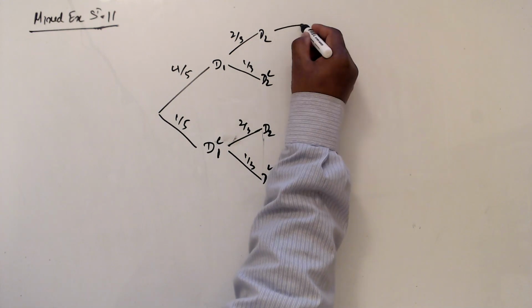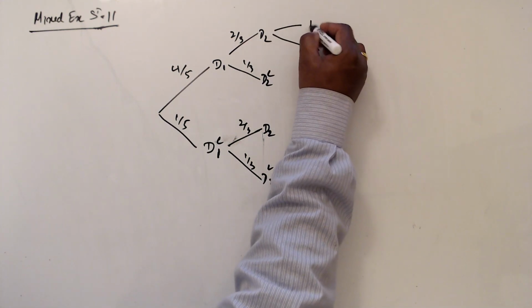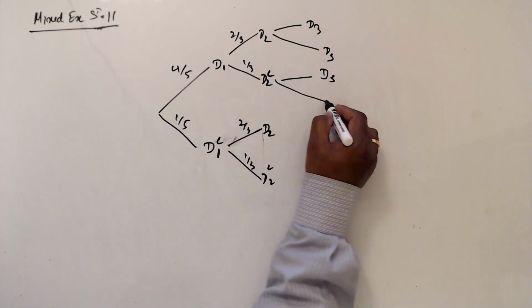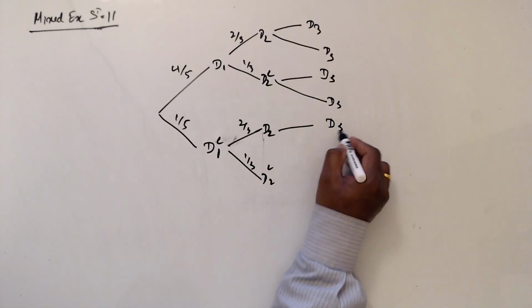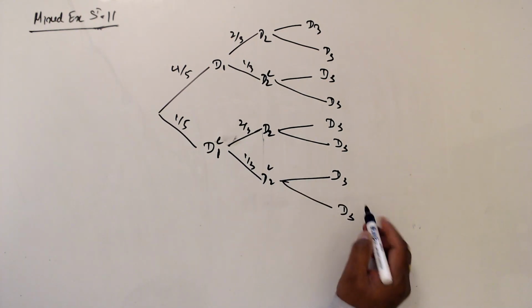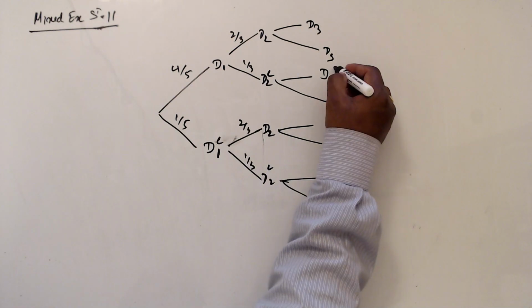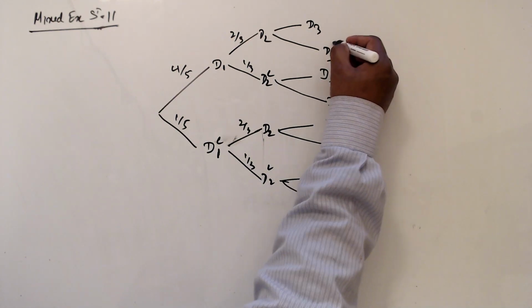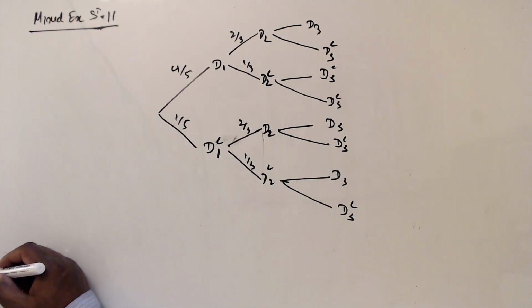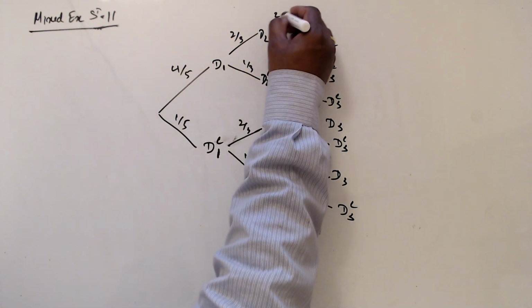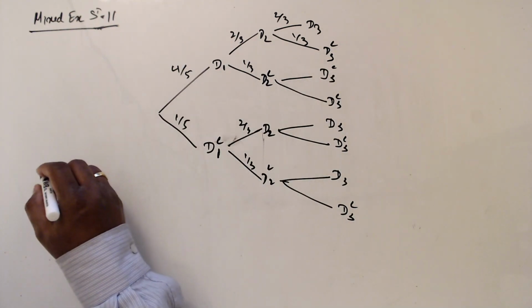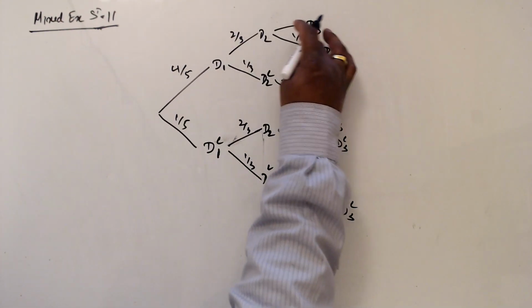And the third level, D3, and its complement. The probability of getting it is 2/3, and this is 2/3, 1/3. So it is half, half.